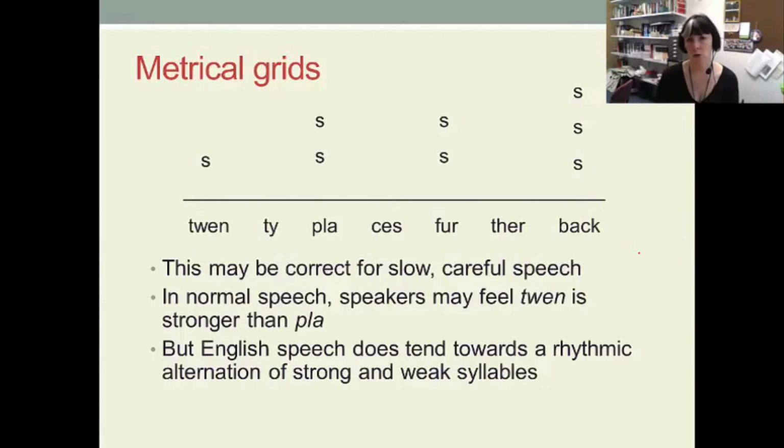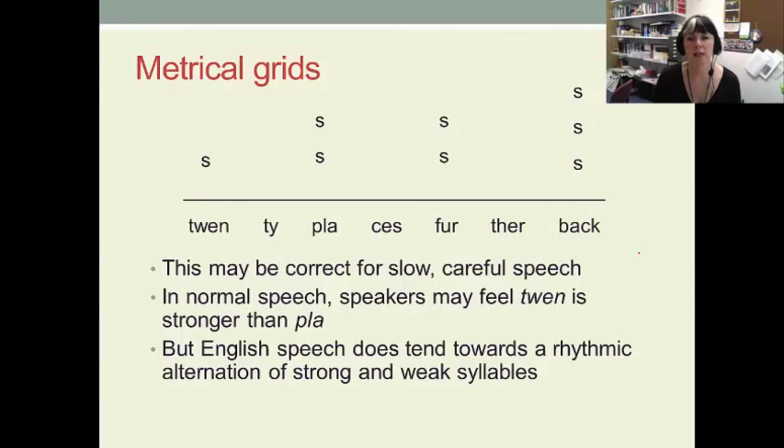Now it's possible, of course, to put stronger stresses on other syllables in this. So for example, if somebody said to me, did you say ten places further back, then I would say, no, I said twenty places further back. So clearly twen is the strongest stress there, and that would need to be indicated in the tree diagram and in the metrical grid.